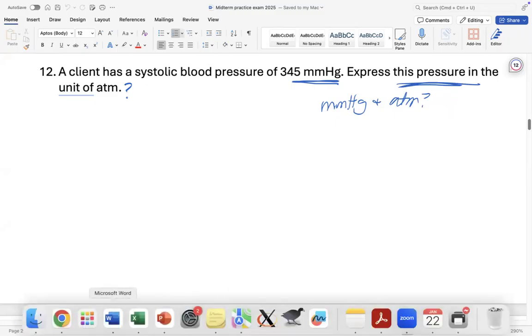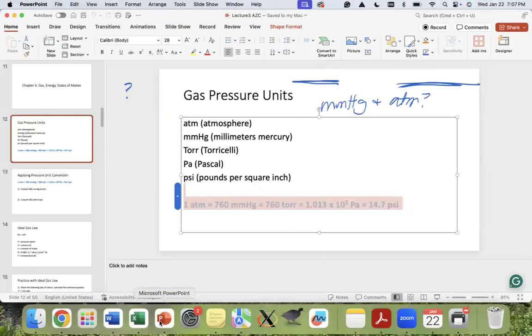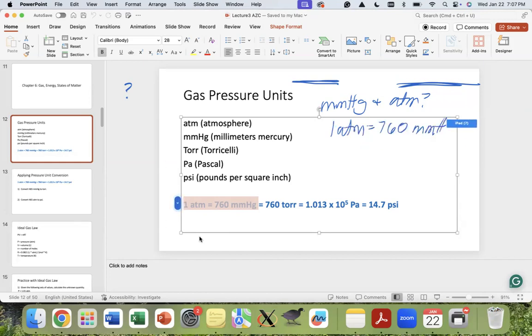I would go look at this formula. And it looks like 1 atmosphere equals 760 millimeters mercury. Sorry, I was saying ATM and saying atmosphere.